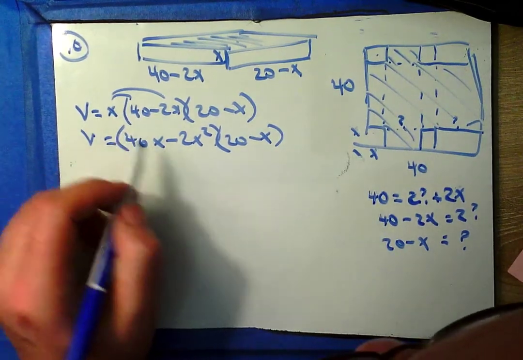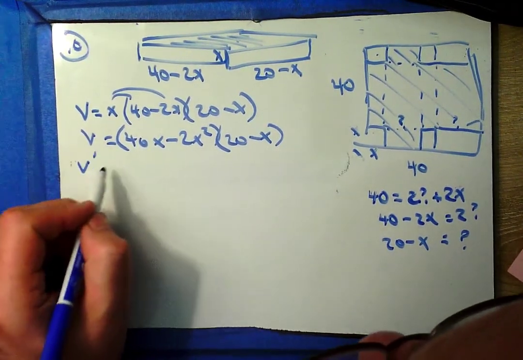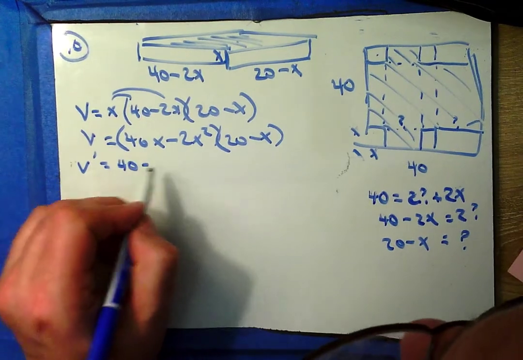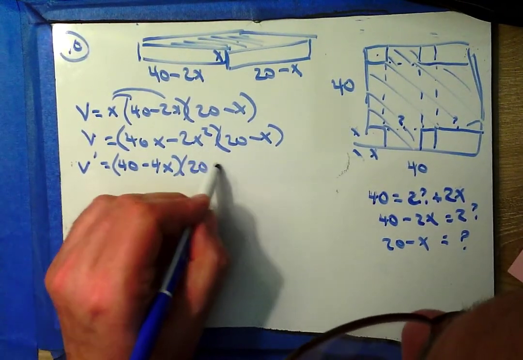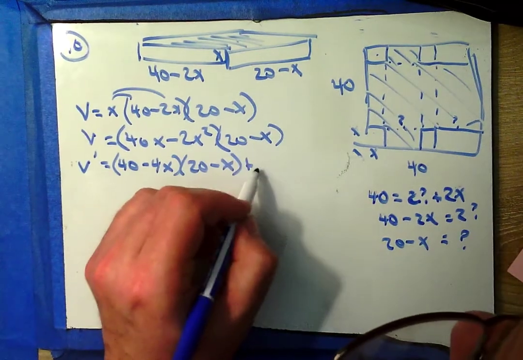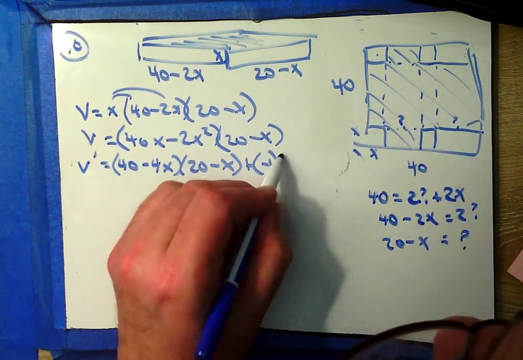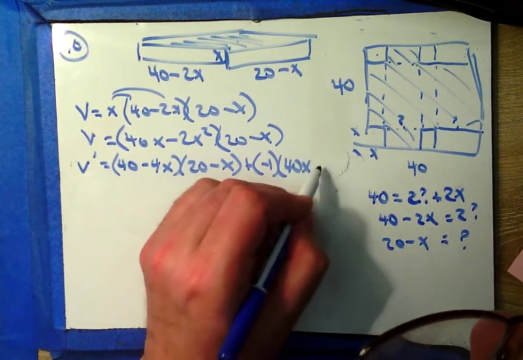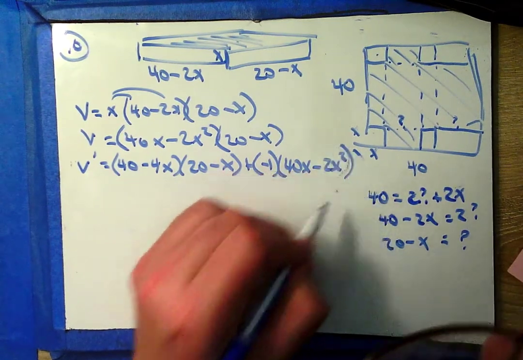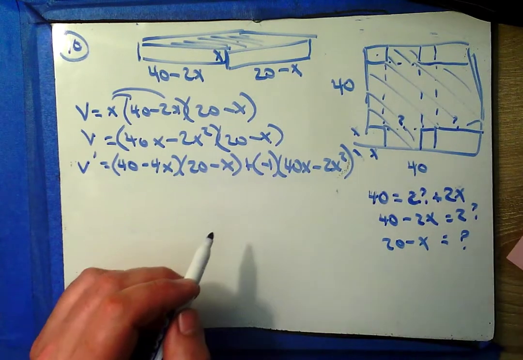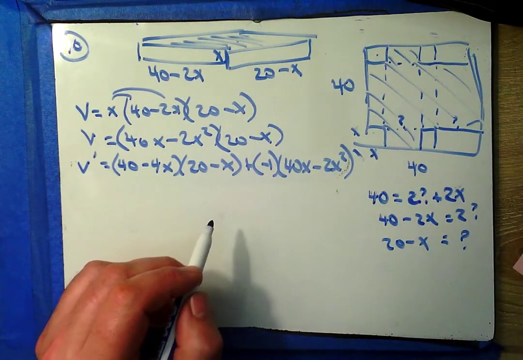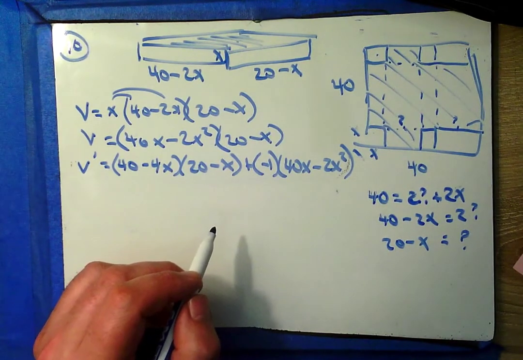Sorry, everybody. V prime is 40 minus 4x times 20 minus x plus negative 1 times 40x minus 2x squared. Okay, so I've got these two terms, and I'm looking to see what, if anything, I can factor.